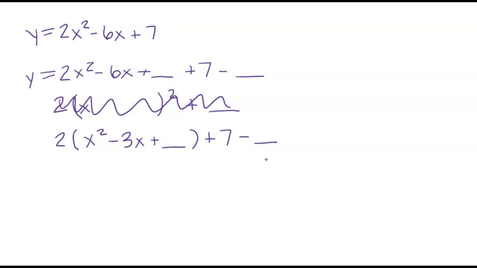Again, knowing that the ultimate goal here is to get this in the form x plus or minus something squared. The way that I figure out what that piece is going to be is I take this middle term, I divide it by 2, and then I square it.